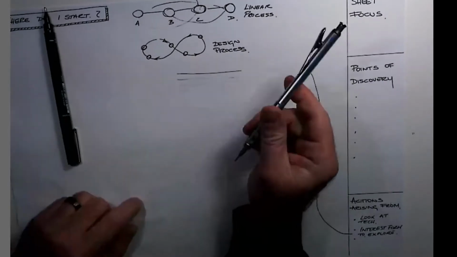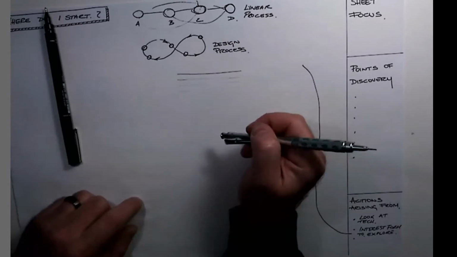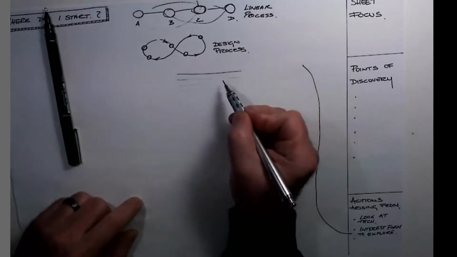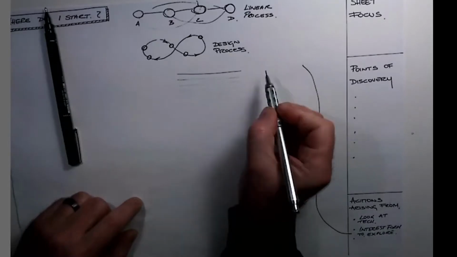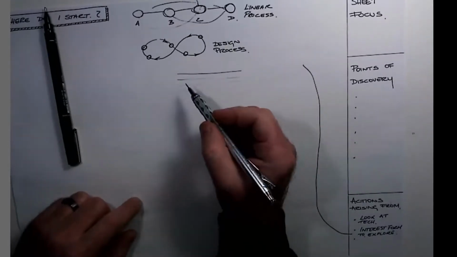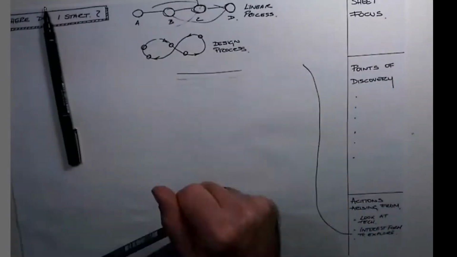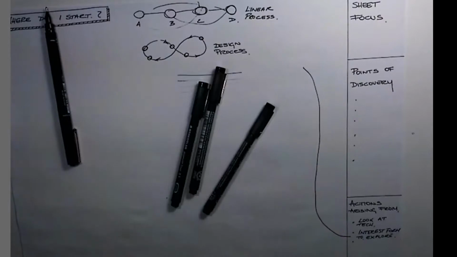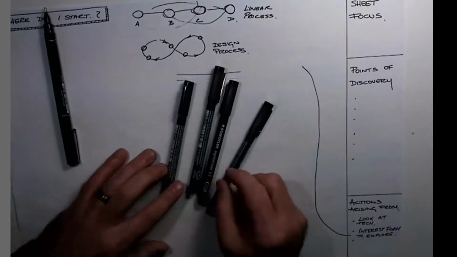However, the downside of pencil is that I can start rubbing this out and I can get very tentative. So what we do is we get you started sketching with pencil just to get an idea of how it all works. Then we get you into pens because the pens force your hand. Now, what we try and get you to get is a set of these. They're a set of fine liner pens.